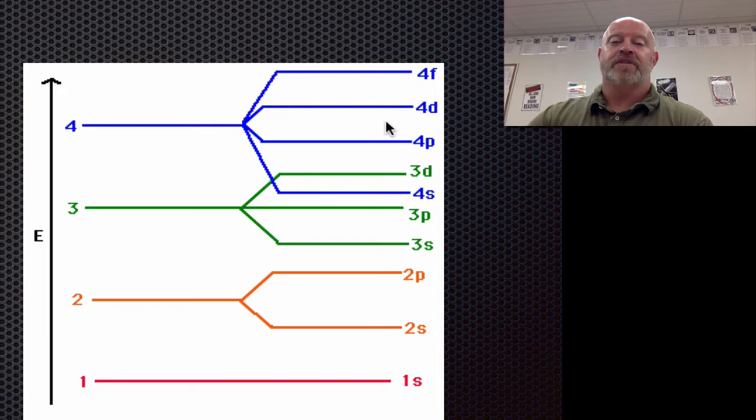Now that's tough for us because if I'm filling electrons in and abiding by the Aufbau principle, we always want to fill from lowest to highest energy. So we fill the 1s, then the 2s, then the 2p, then the 3s, then the 3p. But in terms of energy, the fourth energy level's s-shaped orbital is actually slightly lower in energy than the third energy level's d-shaped orbital.